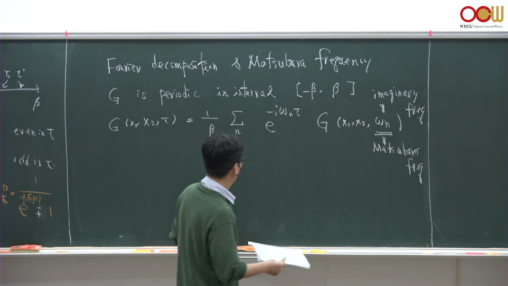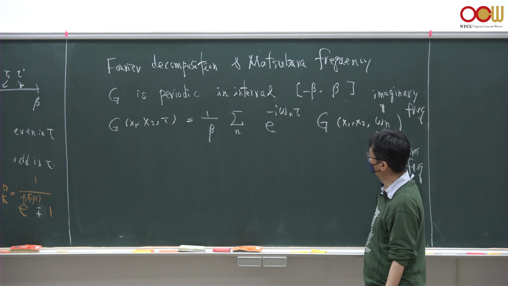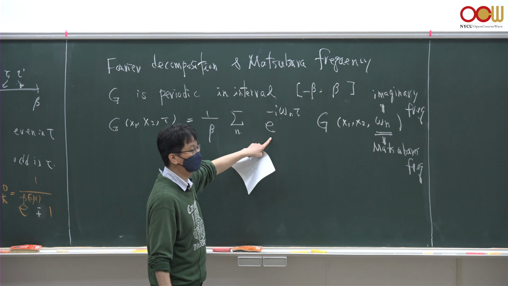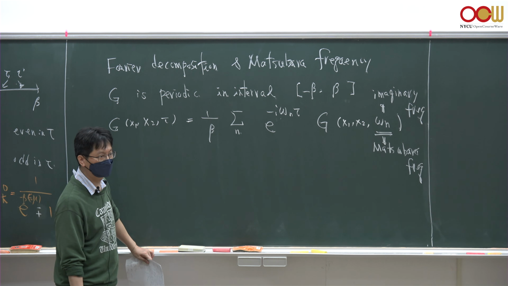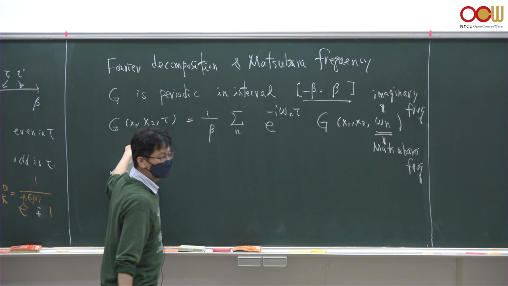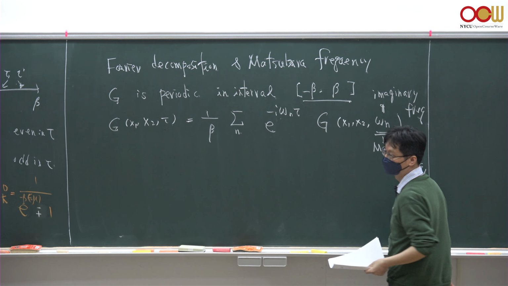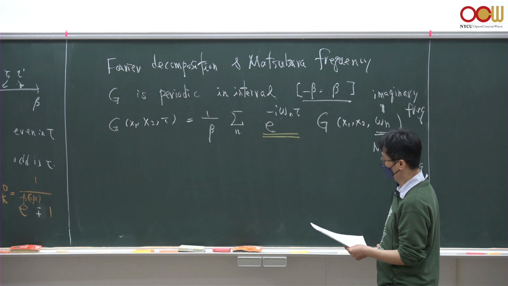But imagine this is just some function of x and tau, and we know very well that the Fourier theorem tells us that you could decompose any function in terms of a complete set of eigenstates, or if this is periodic within this interval, then you could simply use the Fourier decomposition theorem to transform this function G(x, tau) to G(x, omega), with this Fourier factor e to the minus i omega_n tau.